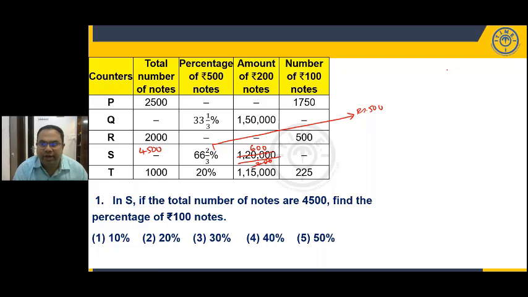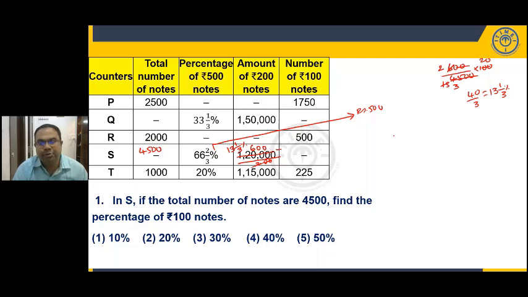Total are 4,500. So this forms what percentage? 4,500 into 100. 3 2s, 3 15s. I can say 5 3s, 5 20s. 40 by 3. 13 1 by 3%. This is 13 1 by 3%.